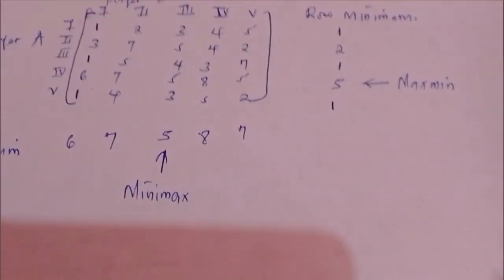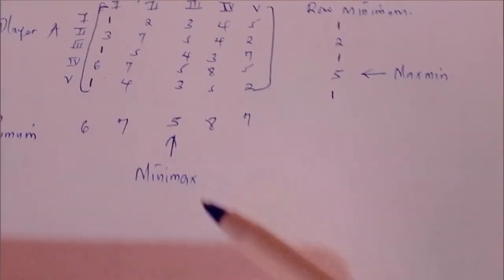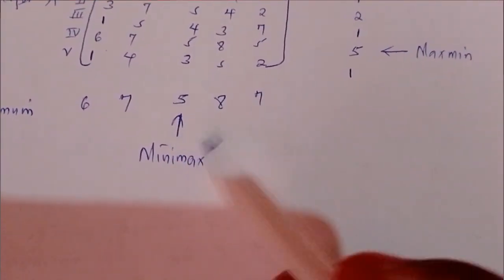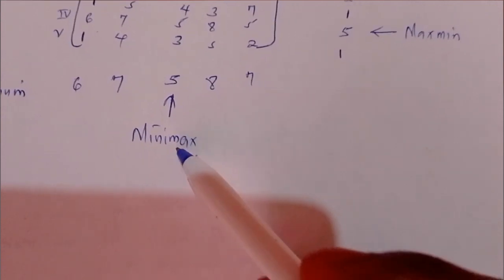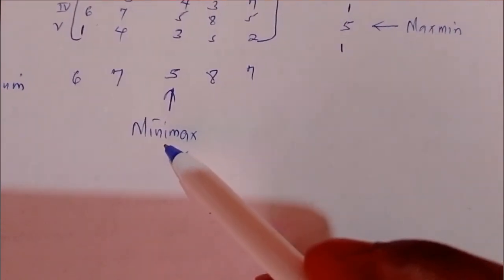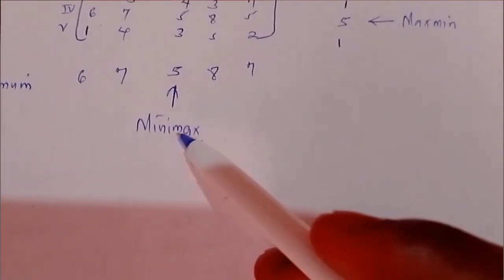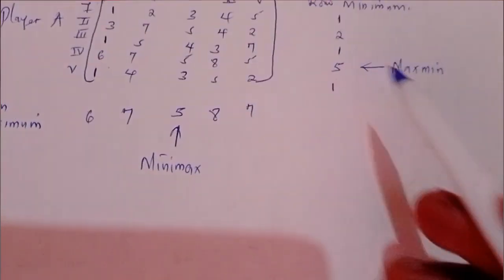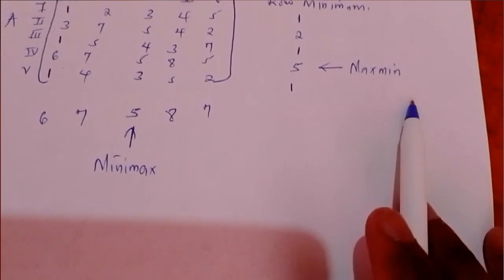So you can see that the maximin value and the minimax value are identical. We have 5, 5, 5, 5. They are identical. So you can say that 5 is the saddle point.